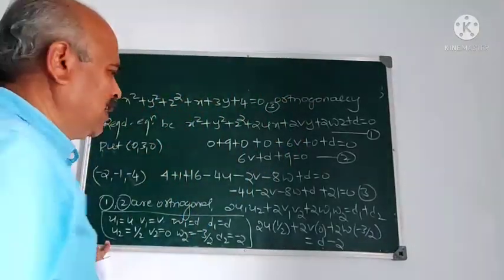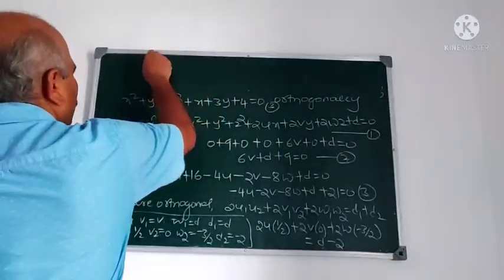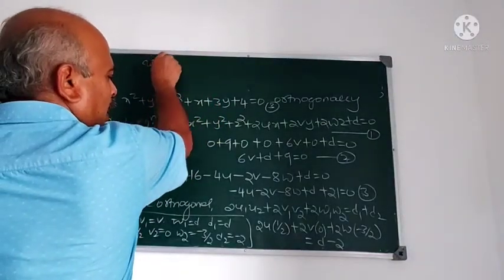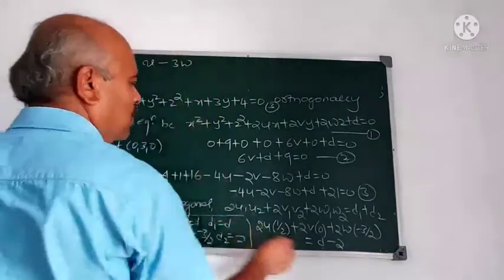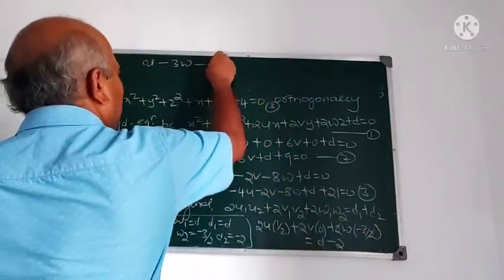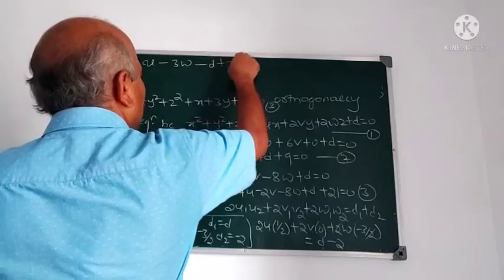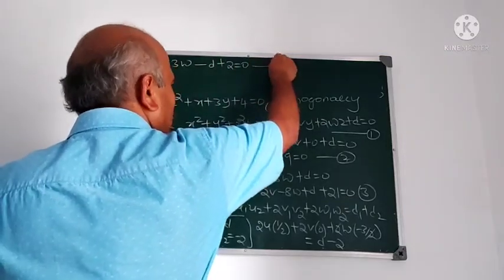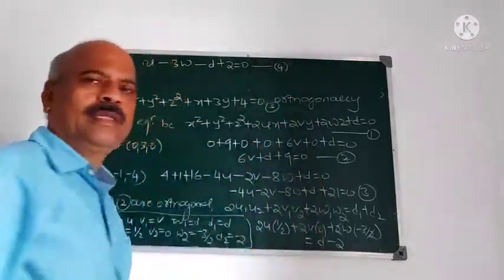Now I simplify this: u minus 3w, this 2 cancels, u minus 3w minus d plus 2 is equal to 0. This is 4.